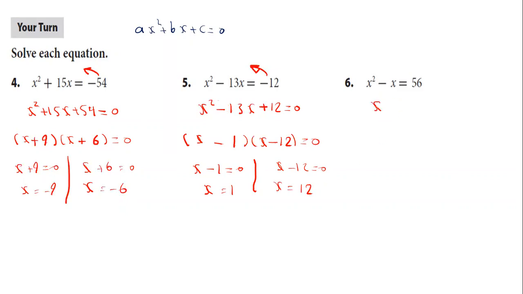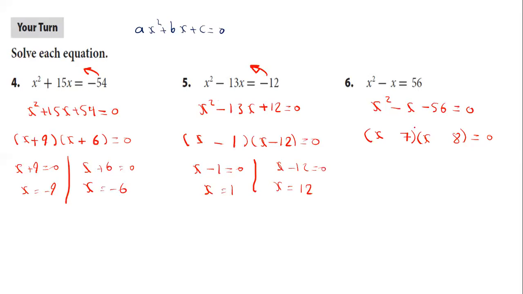Number 6, the same way: x squared minus x minus 56 equals 0. Okay, x squared will be x times x. Now, we have to get two numbers whose product is 56 and whose difference is 1. What are these two numbers? Difference 1, product 56, yes, 7 times 8. 7 times 8 is 56. 8 minus 7 is 1.